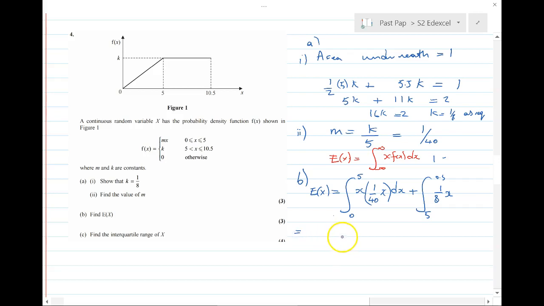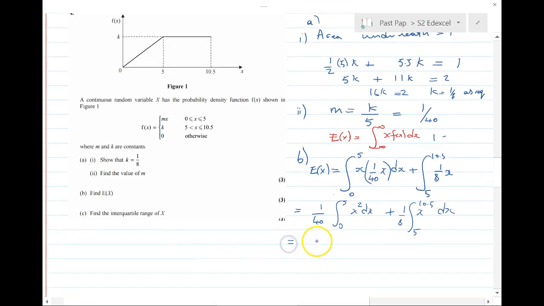Okay, so let's just set about doing that. Just a matter of taking care now, really. 1 over 40 integral from 0 to 5 of x squared dx, plus the integral from 5 to 10.5 of 1 over 8 of x dx.